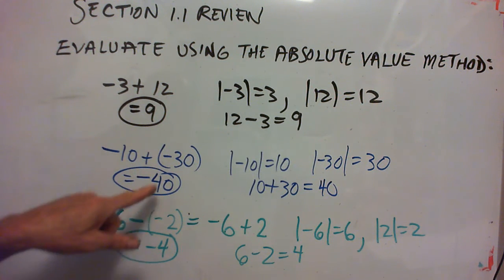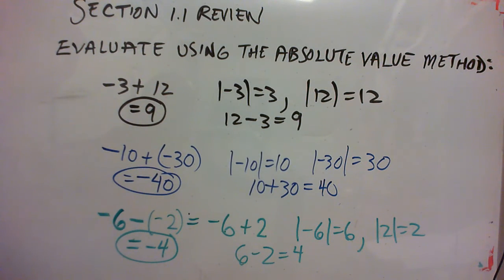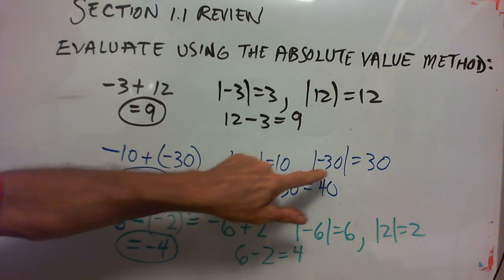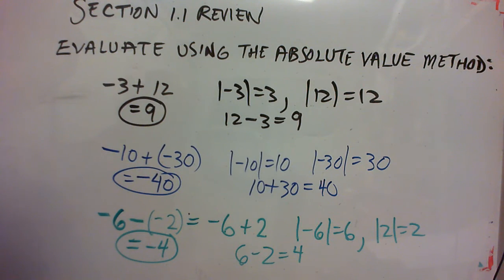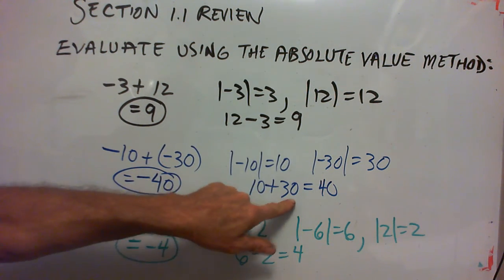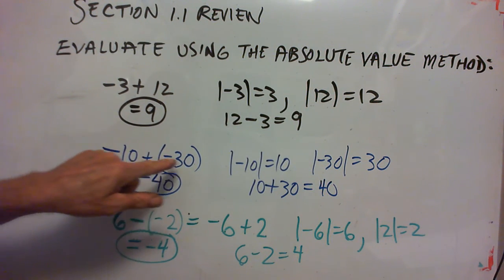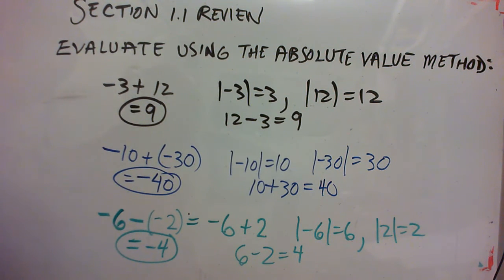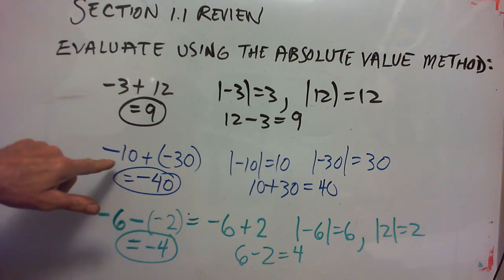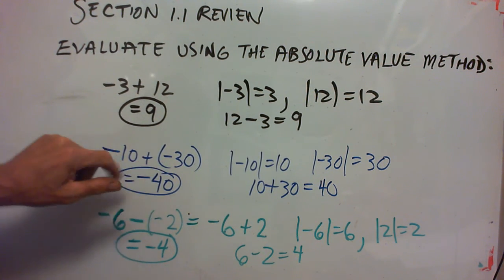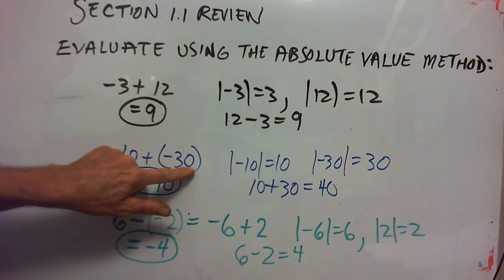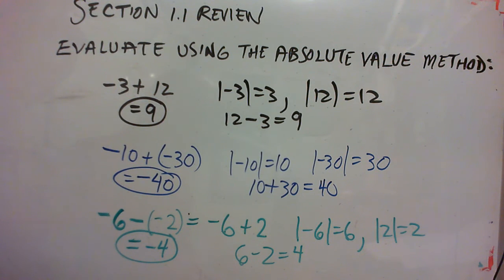The absolute value method for adding two negatives is take absolute value of each number, add the two absolute values, but the answer is always negative. A negative plus a negative is always a bigger negative. The -10 and -30 is like a $10 debt, and a $30 debt adds up to make $40 in debt.